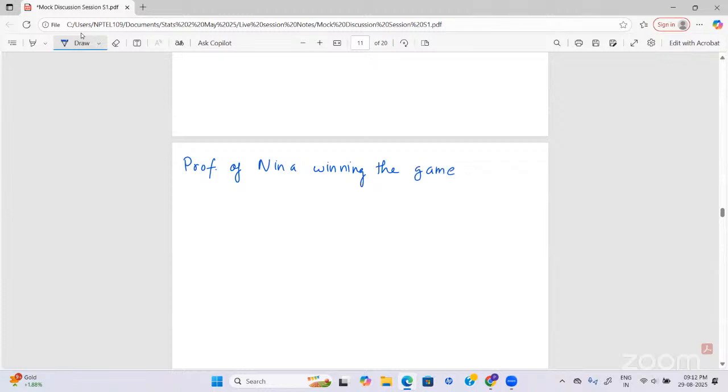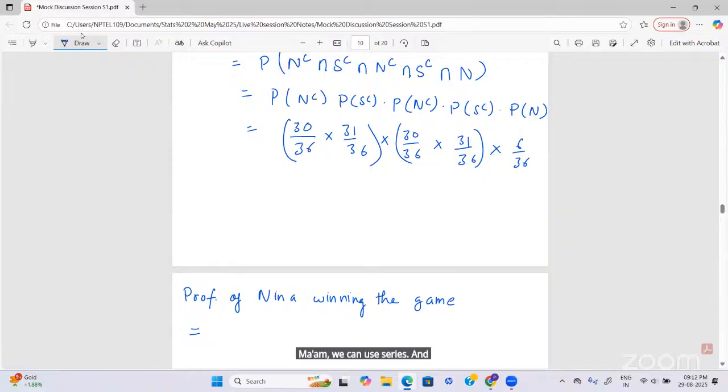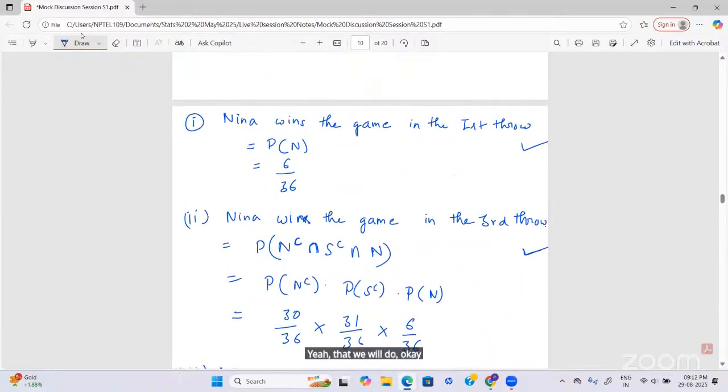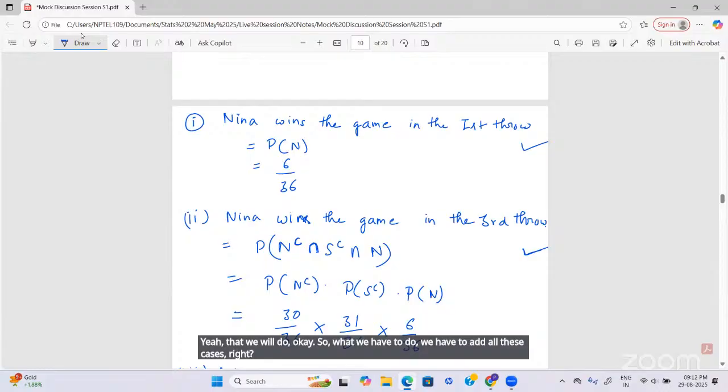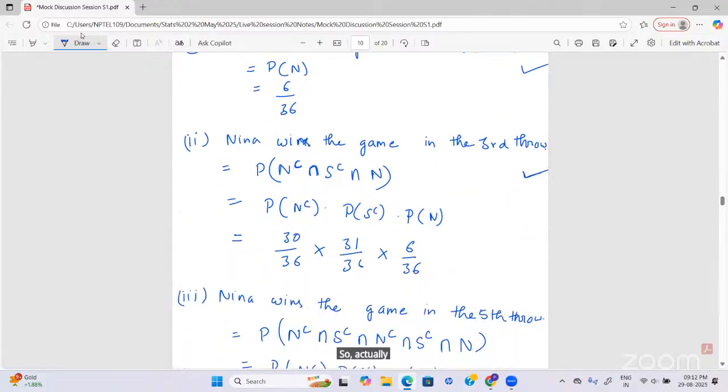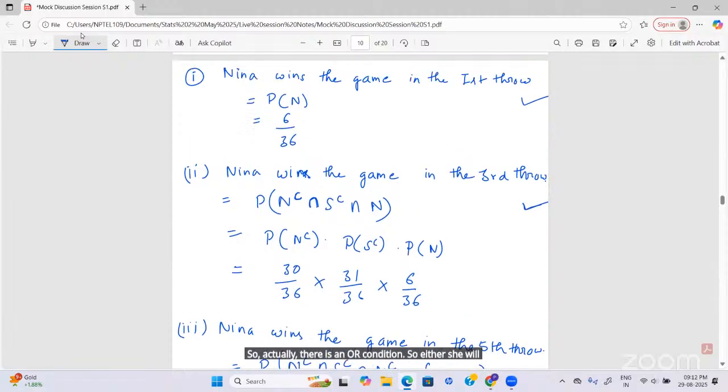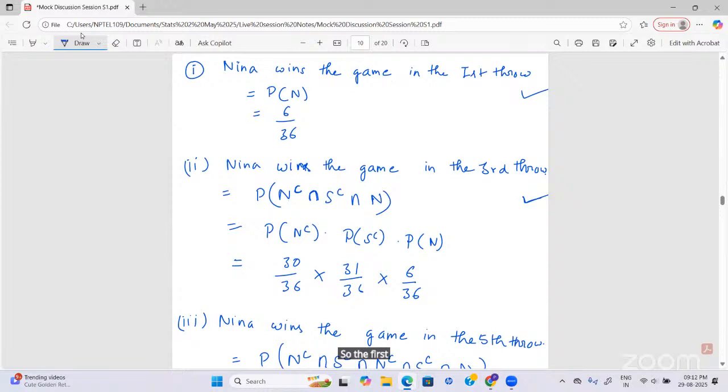So what will we do here now? Ma'am, we can use series. Yes, that we will do. So what we have to do? We have to add all these cases, right? Actually there is an OR condition. Either she will win in the first throw, or in the third, or in the fifth. So we have to add the probabilities for all the cases. The first one is 6 by 36.